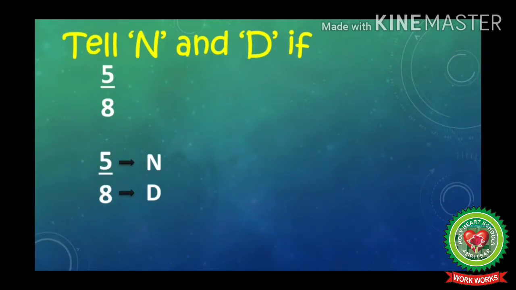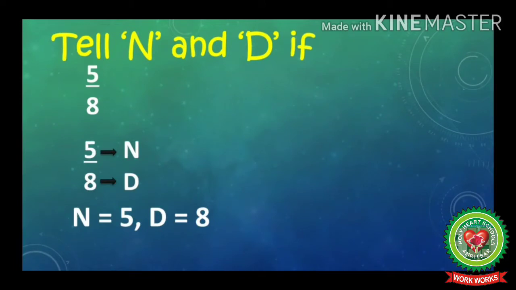We will write N. And 8, put arrow, it is denominator, so we will write D. Now we will write the answer. N is equal to, that means numerator is equal to 5 as it is above the line, and denominator, that is D, is equal to 8 as it is below the line.